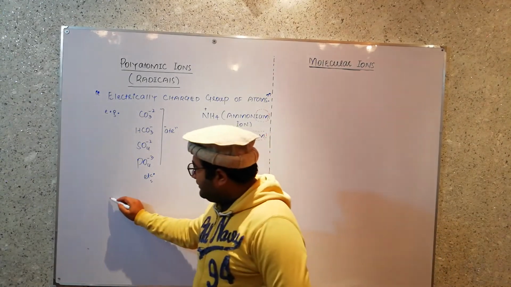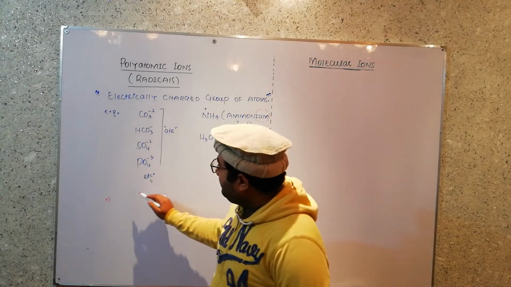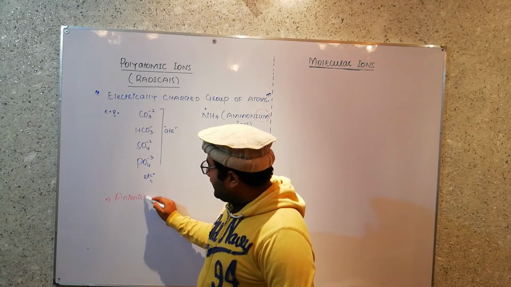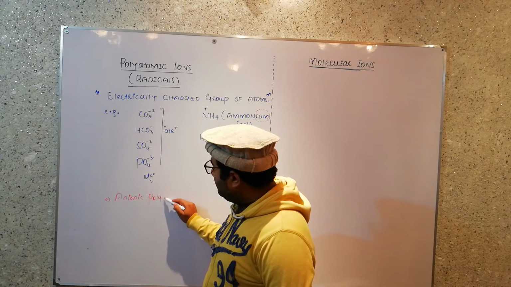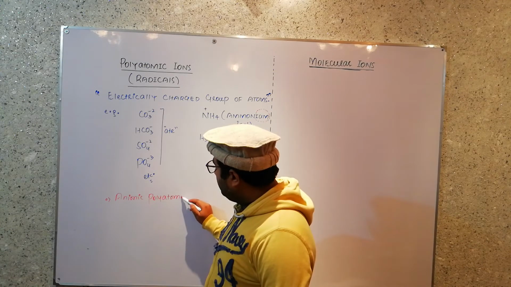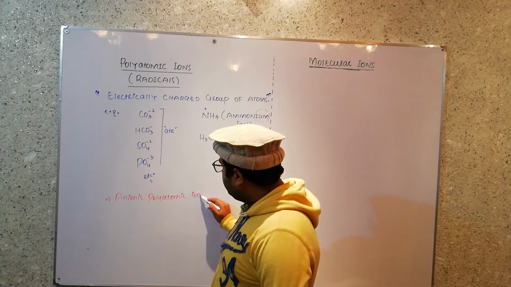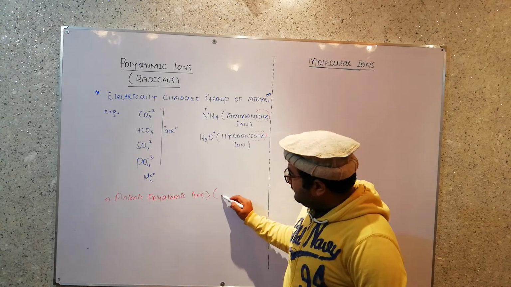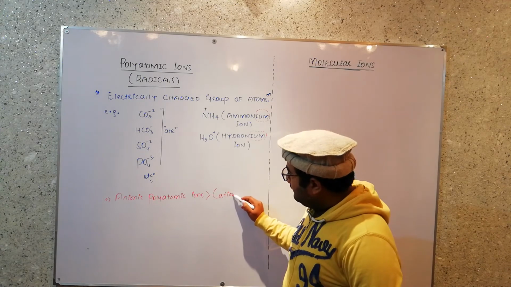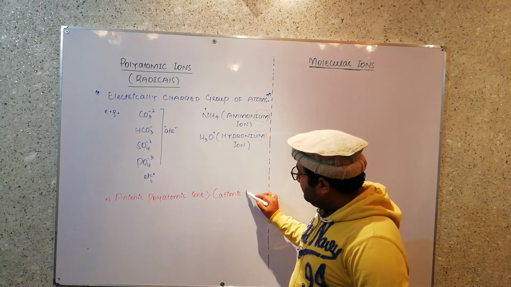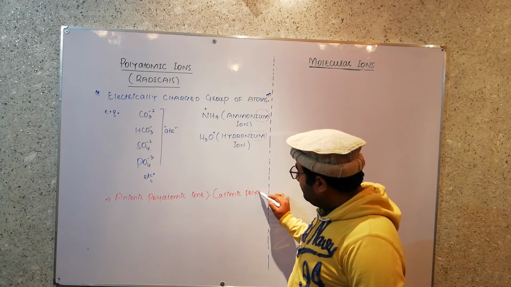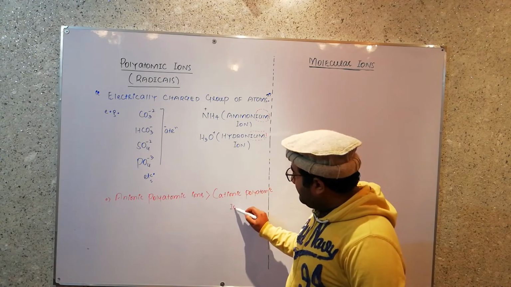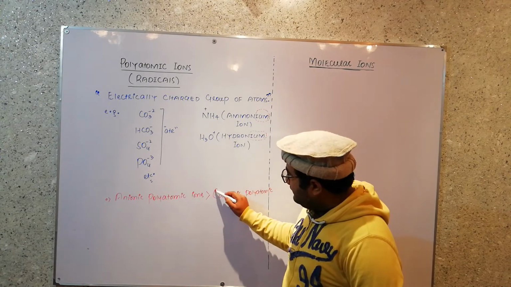So there is an important note here that anionic polyatomic ions are more abundant than cationic polyatomic ions.